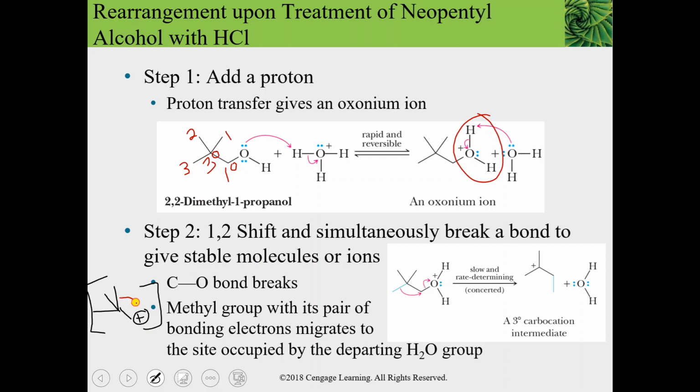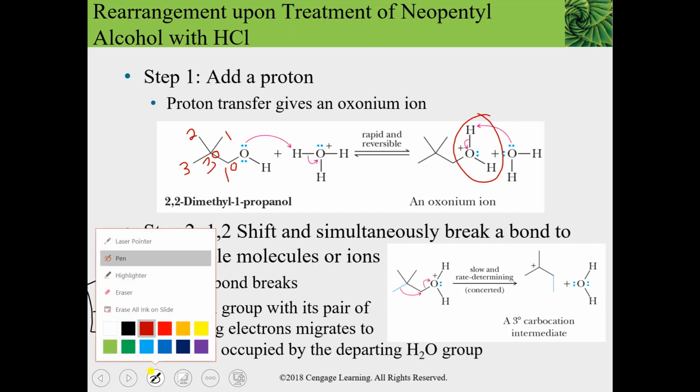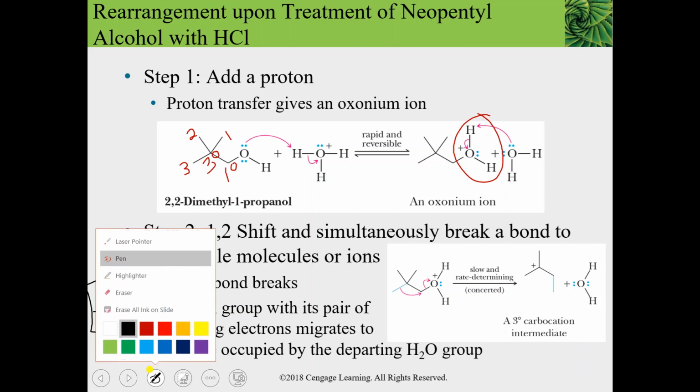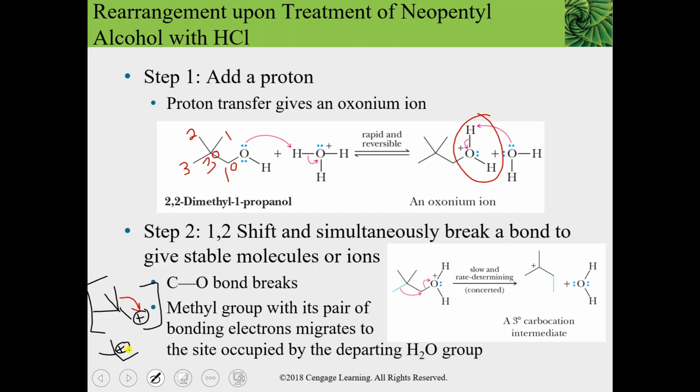So as soon as I do this methyl shift, what we're going to get is that. Now we still have a tertiary carbocation. Why is it still tertiary? Because that carbon right there is attached to 1, 2, 3 carbons.